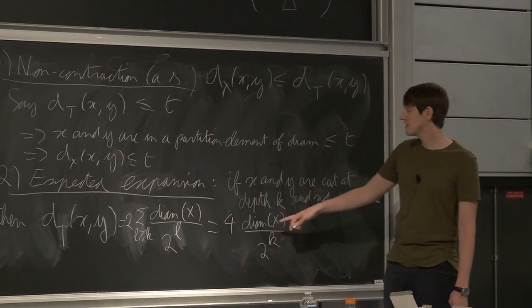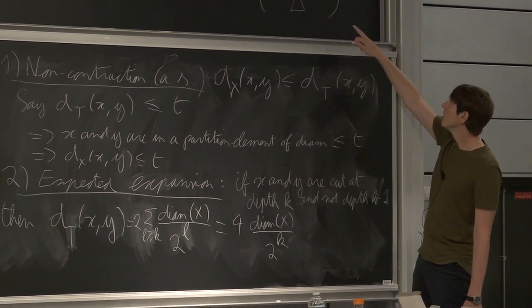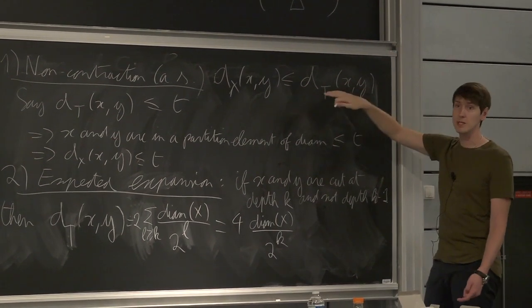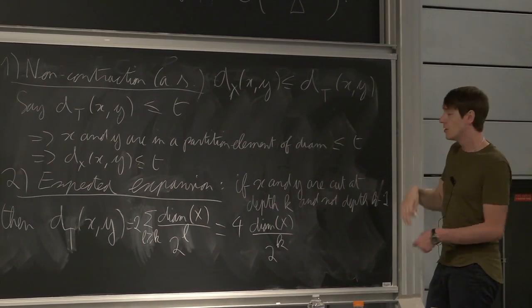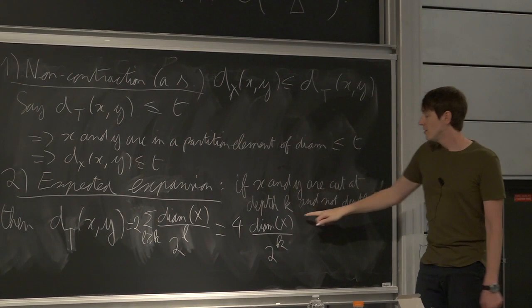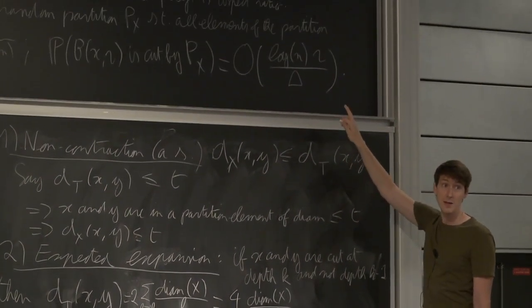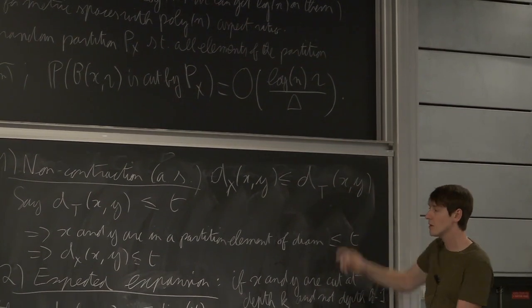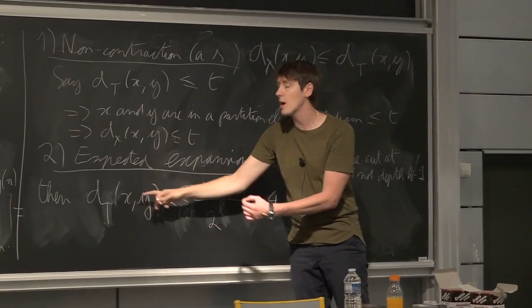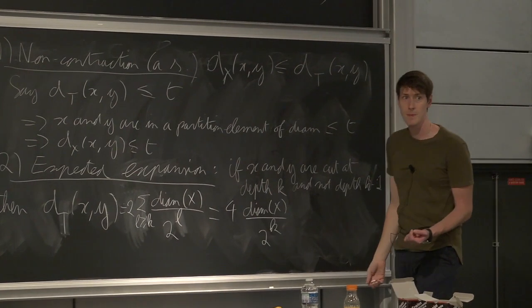So the probability that this happens is of order log n times r over delta. But what is delta? Delta is the diameter of X over 2 to the k. So this diameter of X over 2 to the k cancels with the 1 over delta, and you're just left with log n times r. And what is r? You apply this to r, which is the distance between x and y.